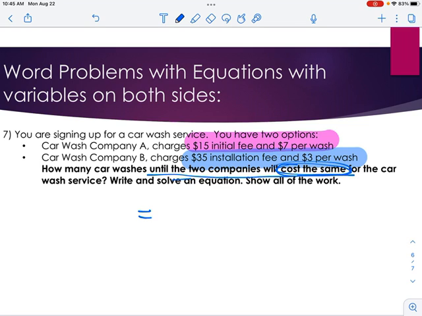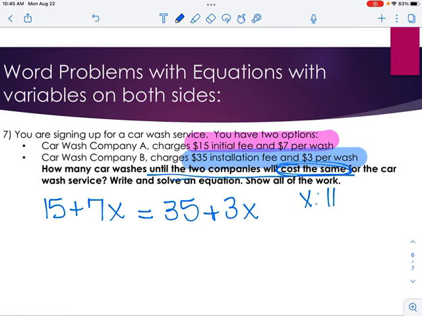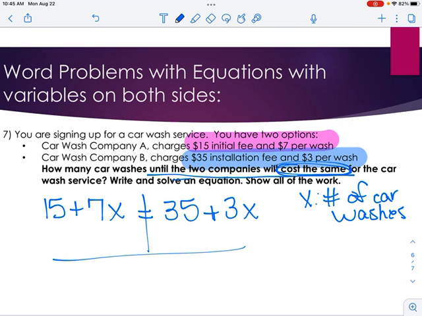Okay, so I'm going to make them equal. So it's going to be $15 initial plus 7x, equaling $35 initial plus 3x. Here, the x would represent the number of car washes. Okay, so we start to solve. The first thing hopefully we recognize is that we have this variable on one side, variable on the other.